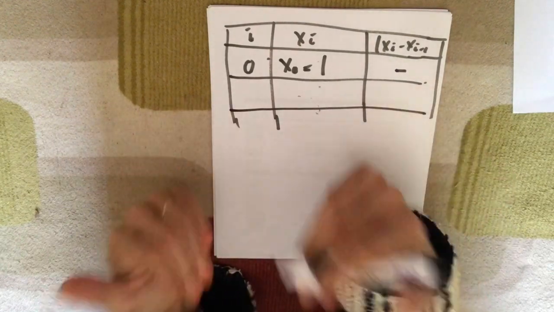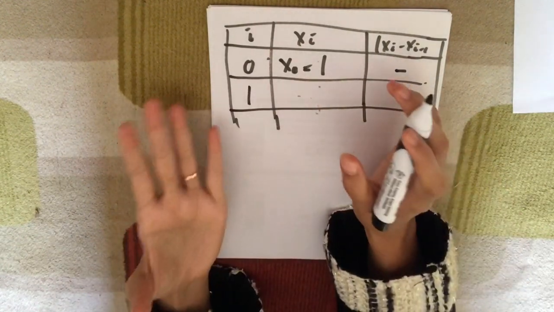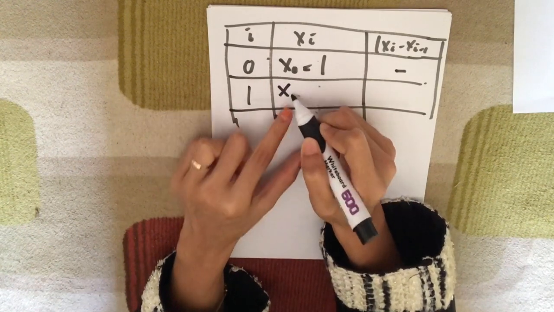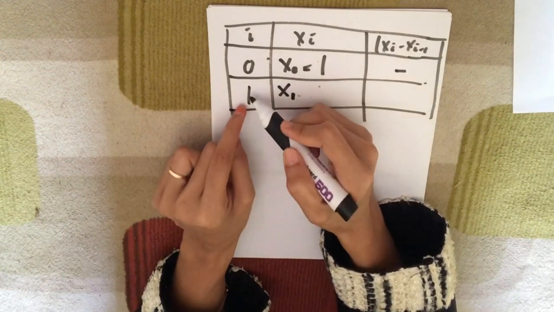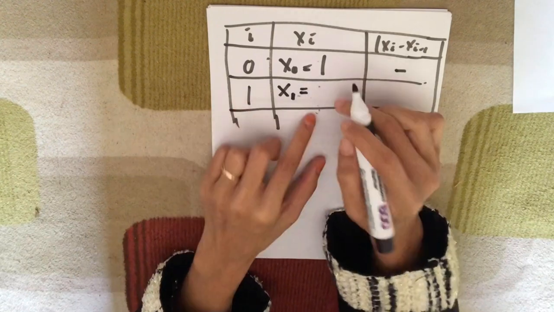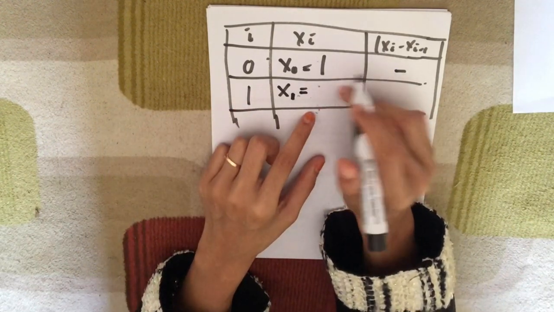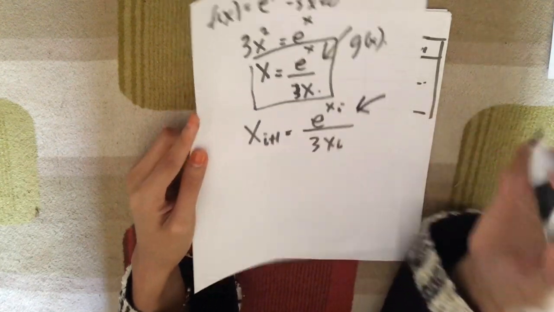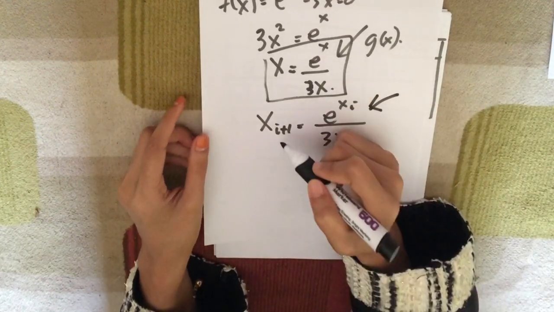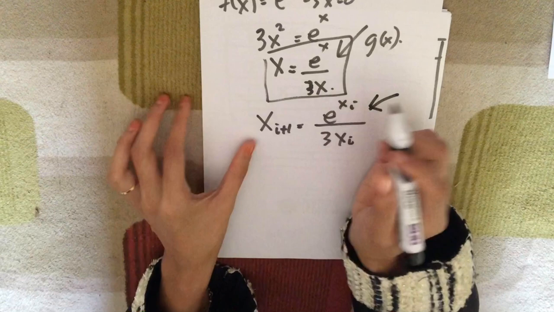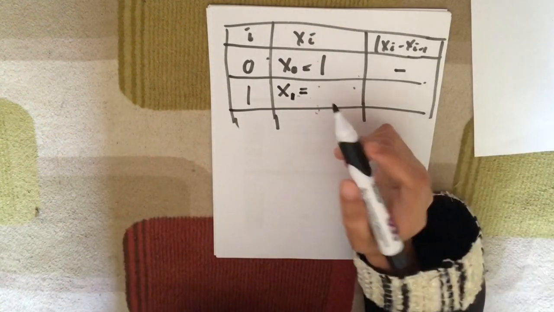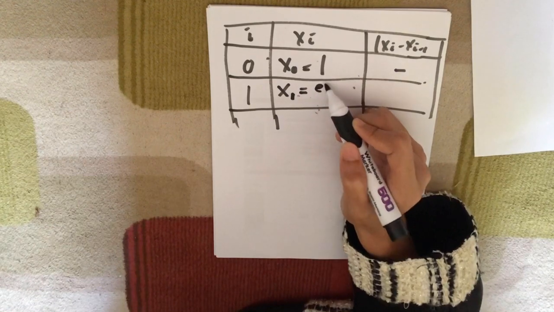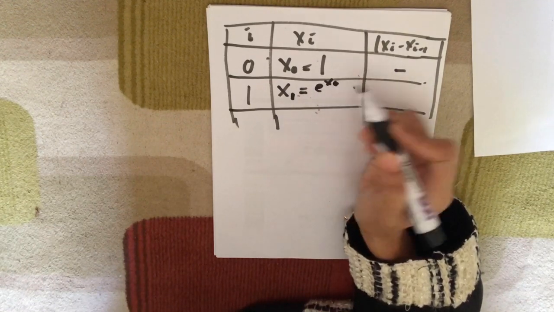So when we proceed to x_i, to find this, means x1, because your i is 1. So how to get the x1 value? You need to refer to this formula. So you just substitute 1. Meaning now if you want to calculate x1, it's e to the power of x naught.